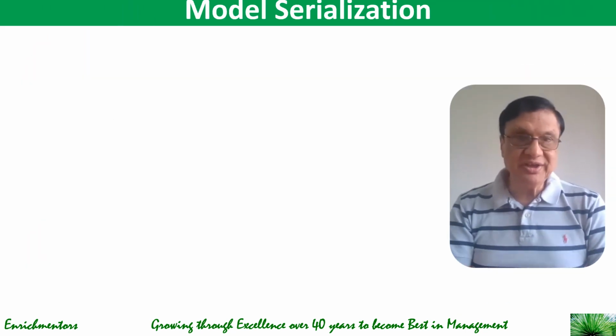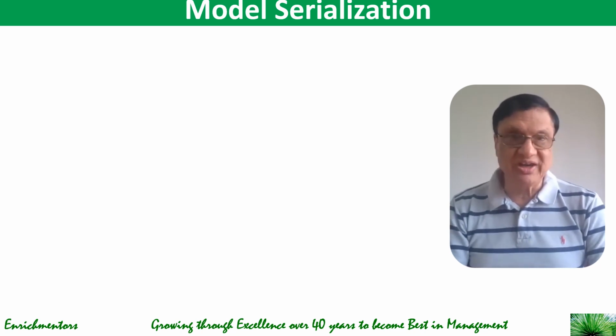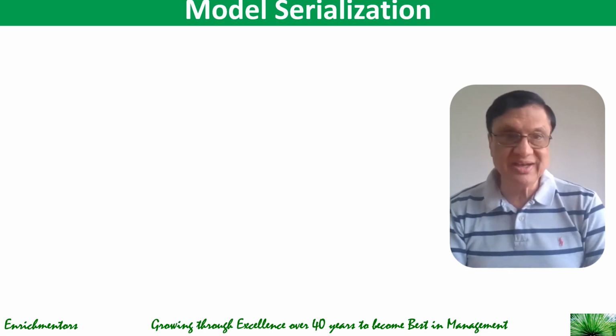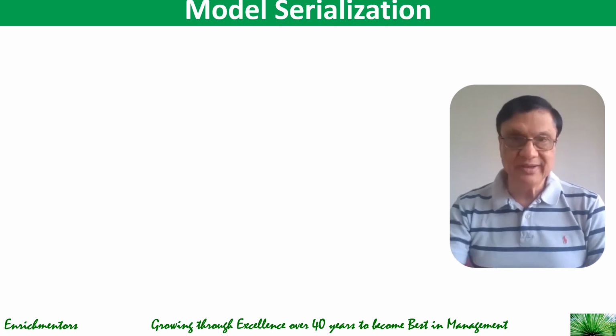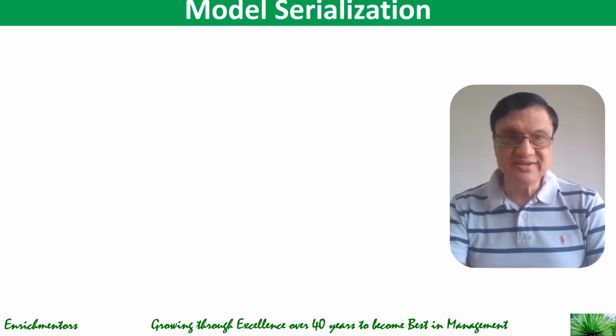The first thing is model serialization. You need to serialize a trained model, particularly into a format that can be easily loaded and executed in a production environment. So turn the trained model into a serial format that can be easily loaded. Now, what are the various things that you can do?